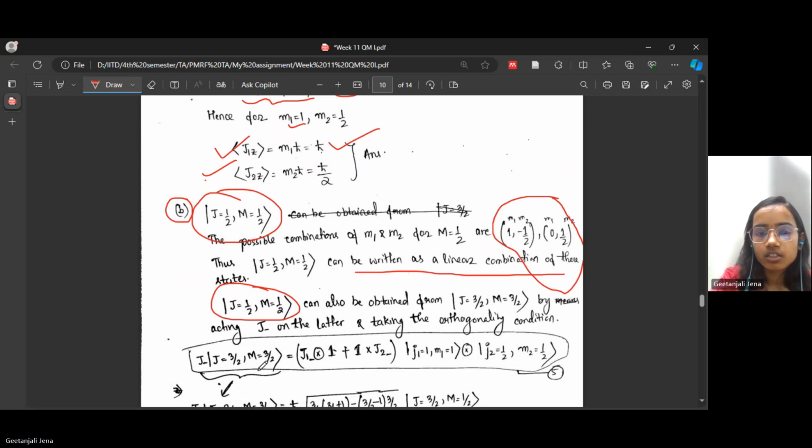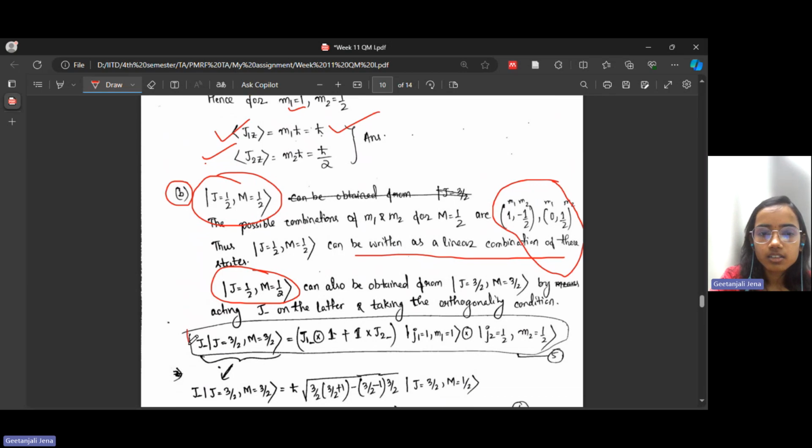So for the fifth equation, what I have done is, for J equal to 3 by 2, I have acted with the lowering operator on the stretched state. So J minus acts on J equal to 3 by 2 stretched state.